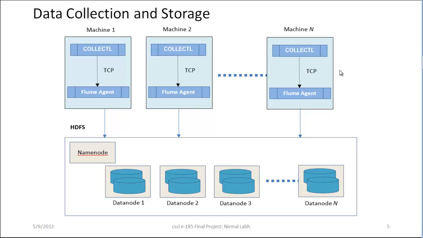The name node instructs, and then the actual RPC calls or network traffic flow from the machine where data is being collected to the data node. So the movement of data is sort of optimized. But the next challenge I had was, how do you move that data?